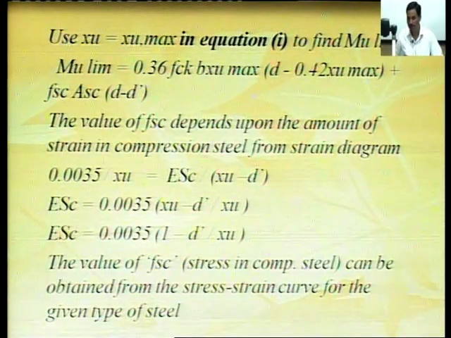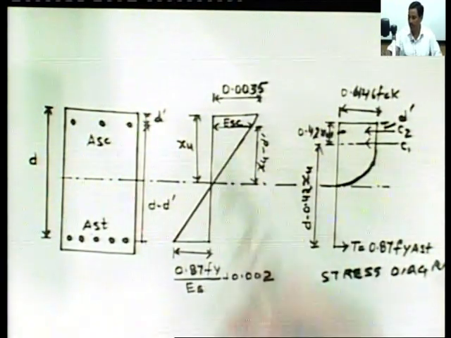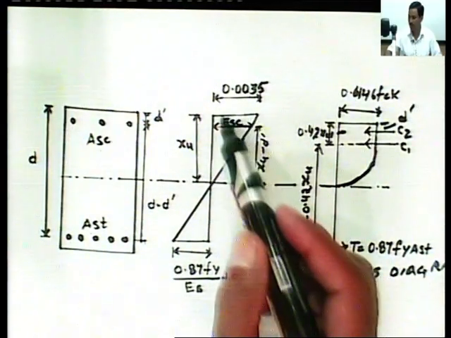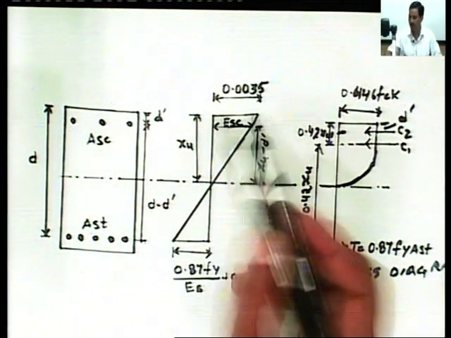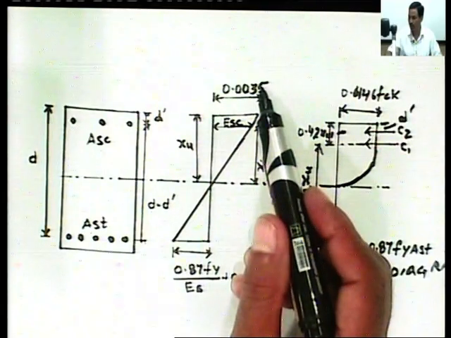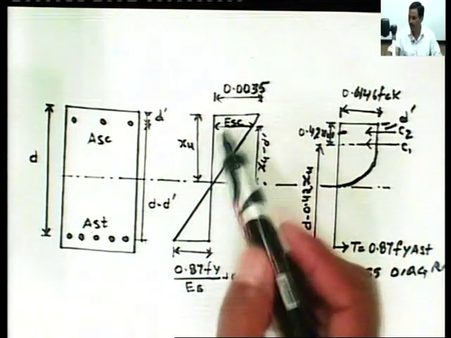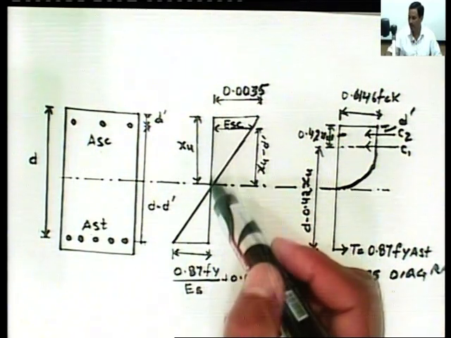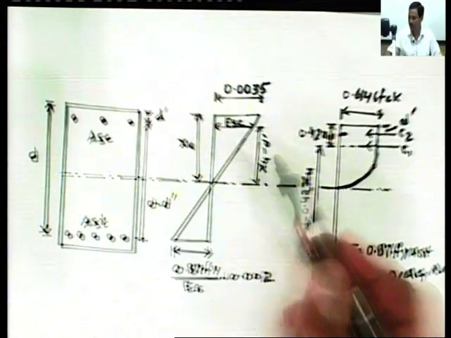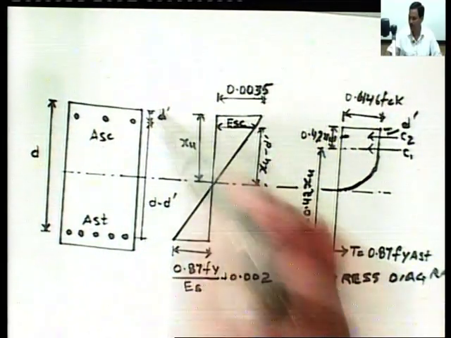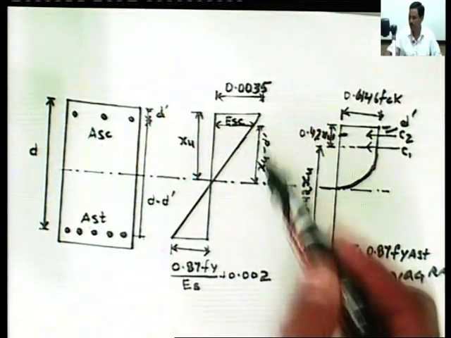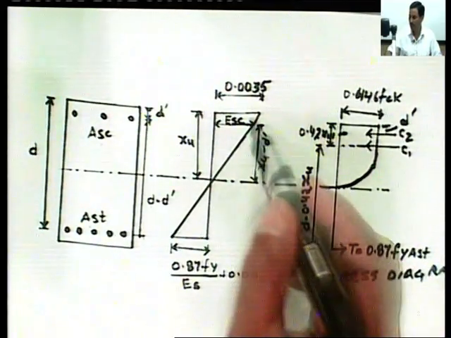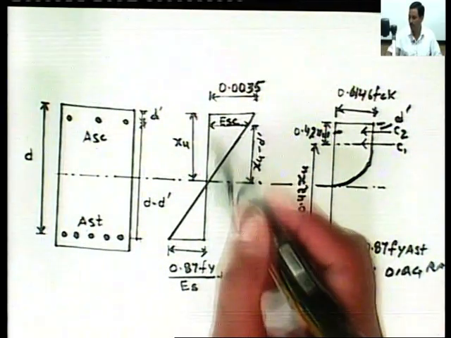Please see the strain diagram. The maximum strain in the outermost concrete fiber is 0.0035. At the compression steel level it is Esc, and this is the depth of neutral axis xu, and this distance is d dash, so this distance is xu minus d dash. These are two similar triangles.